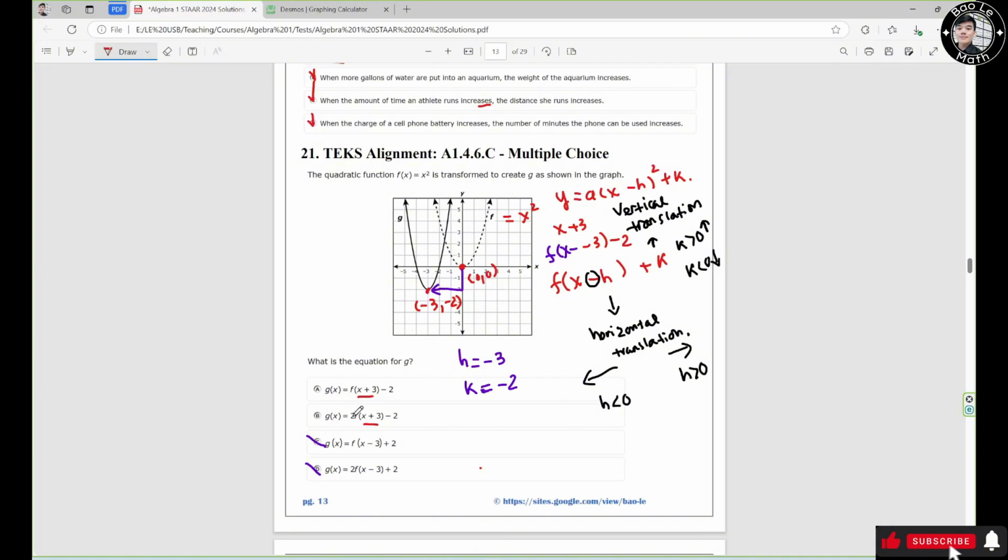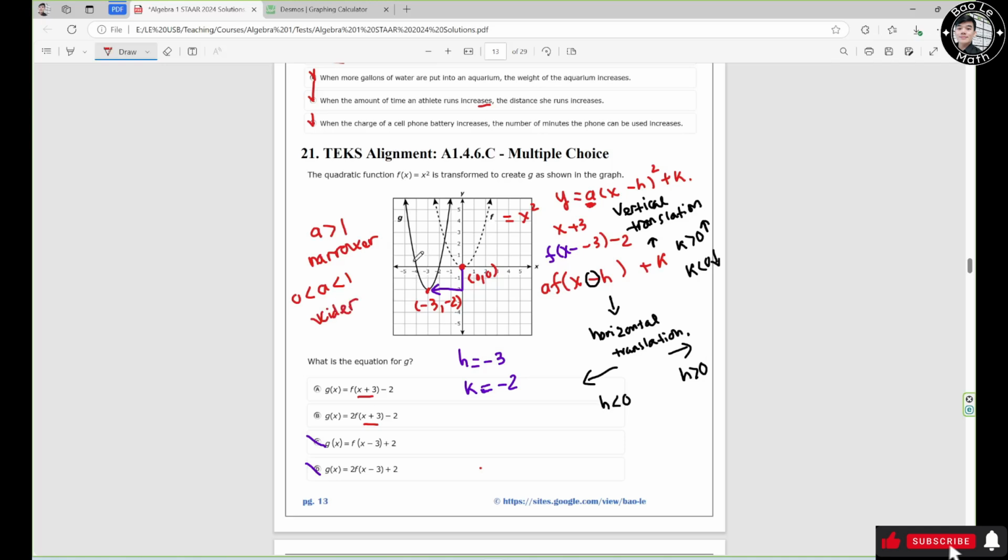Now we look at if there is a vertical dilation, right? So if you have a number A in front of this one, this is vertical dilation. Now if A is greater than 1, the graph is narrower. If A is less than 1 but greater than 0, so sometimes you're going to see a fraction, the graph is wider.